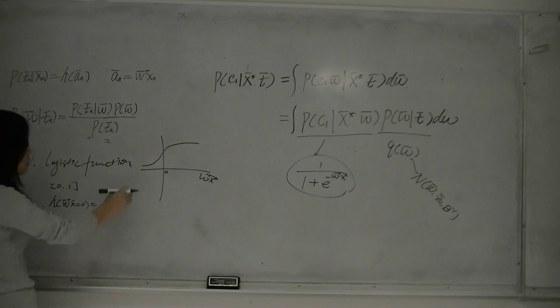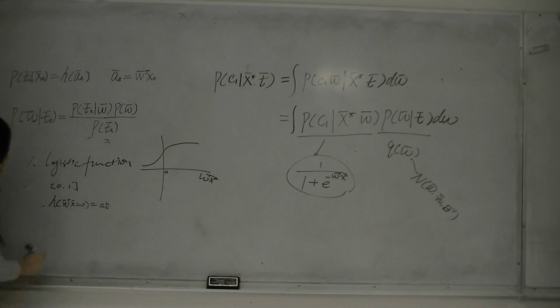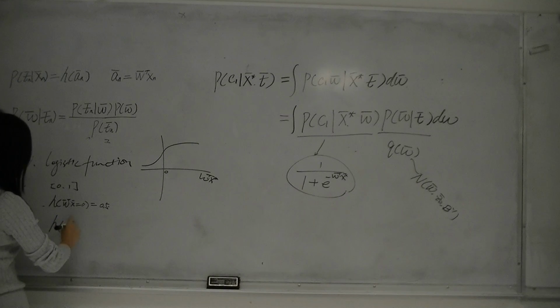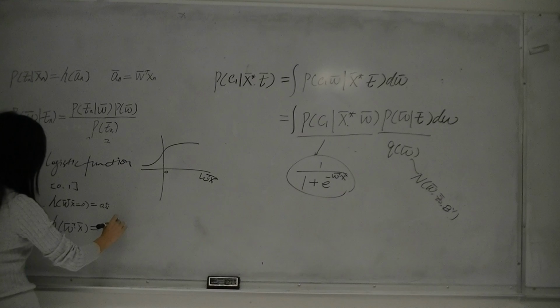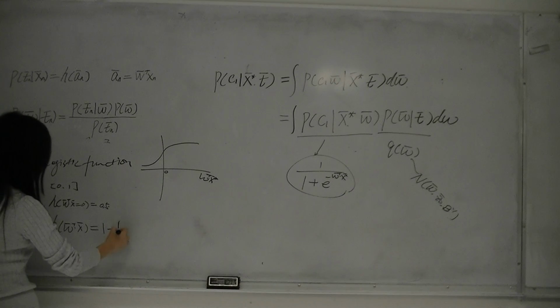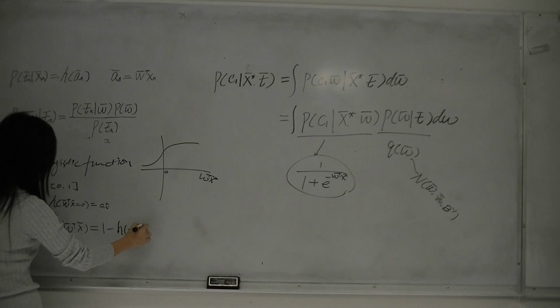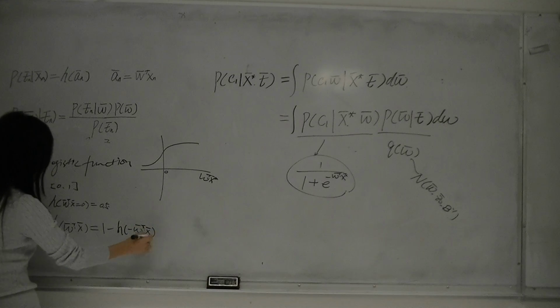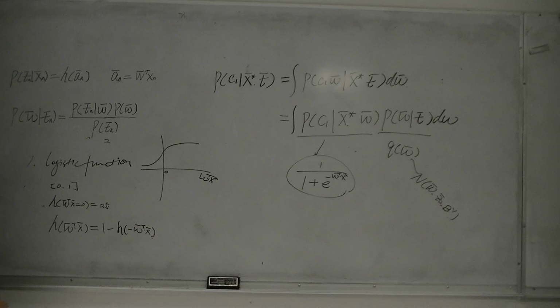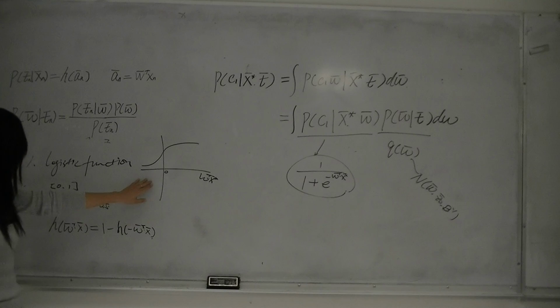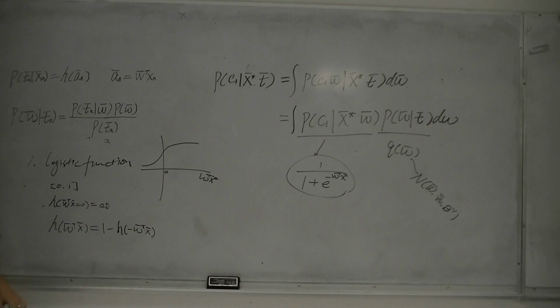We also know that this function is symmetric, so h(-x) is equal to 1 minus h(x), and this function is a monotonic function. So we want to find another nonlinear function that also satisfies these properties.